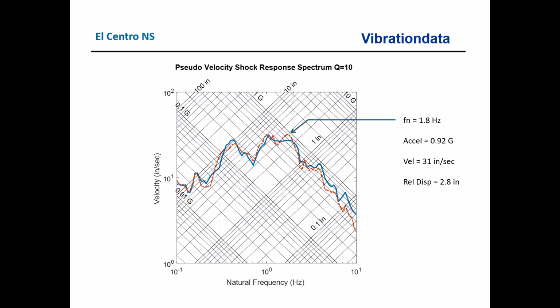Now remember our favorite point, 1.8 hertz. So that pseudo-velocity comes out to be about 31 inches per second. It meets our expectations. Then the downward sloping lines reveal that acceleration peak is about 0.92 Gs, which also is in line with what we did before. And the upward sloping lines show that relative displacement at 1.8 hertz is about 2.8 inches.